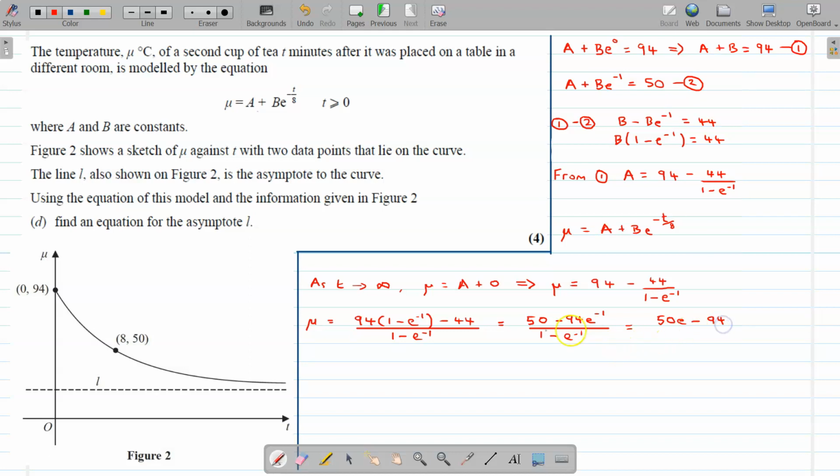So I'm basically multiplying the whole of the numerator by e, and the denominator, when you multiply it by e, will give you e minus 1. And that's a bit neater than the original form of the equation that we had here, or here. I'm not sure that you would need to do that because it does say find an equation for the asymptote L, but I would suggest that is the best form for the answer. Okay, hope that was helpful.